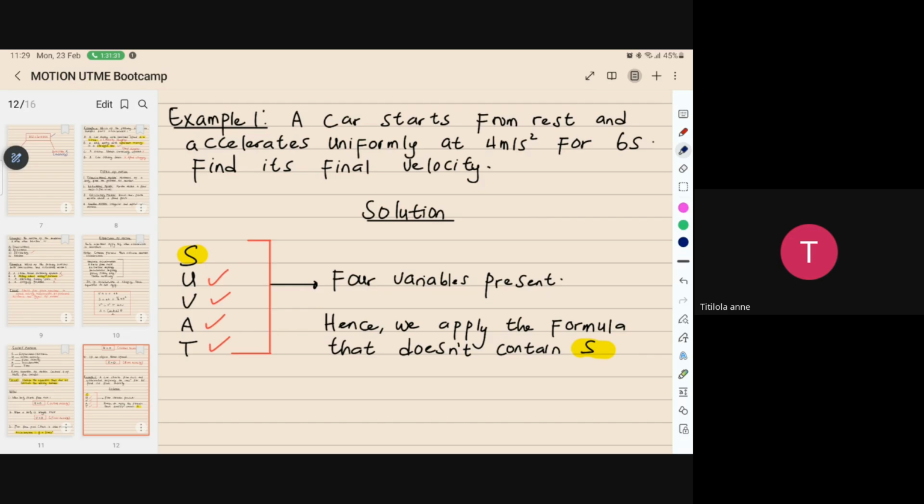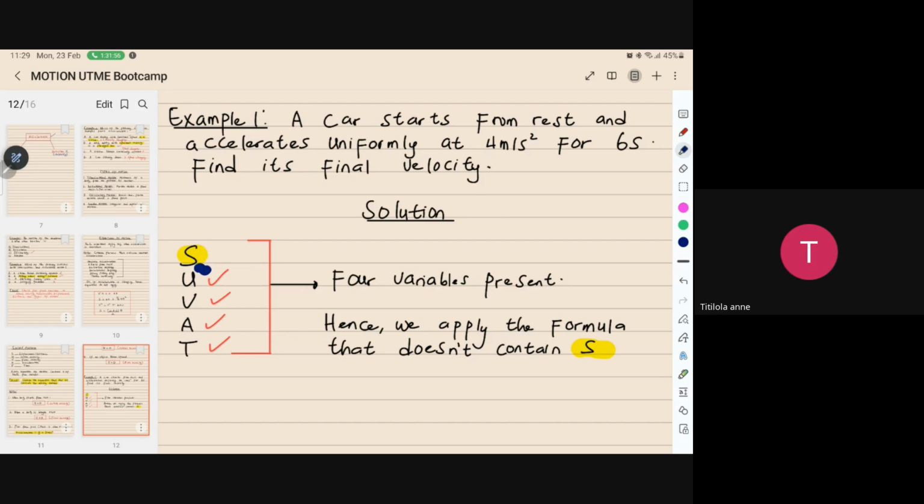Remember we said that 4 variables must always be present in a particular equation, but one of them will be missing. So for a particular question, check what those 4 variables are. Take note of them. Now, which one is not present? That one that nothing was said about. Look for an equation that doesn't have it, and use that very equation.